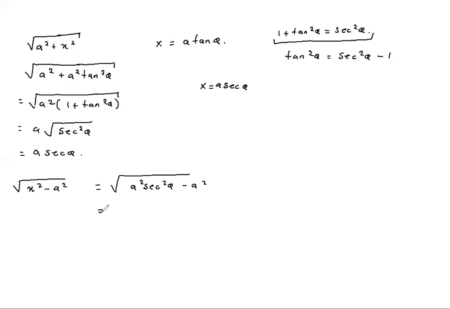Then factor out the a squared, remain with sec squared theta minus 1. Then we have a, the square root of sec squared theta minus 1, which is just tan theta. So we get a tan theta. The struggle here is we always want to come out of the square root, because inside the square root you cannot integrate. But once we are outside, we will quickly integrate.